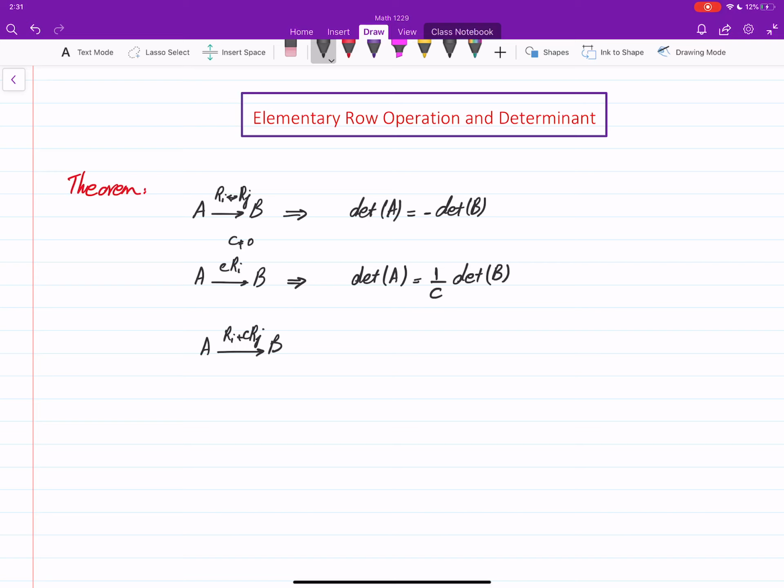Just note that we multiply row i by C. What comes out is determinant of A is equal to 1 over C of determinant of B. And if we add a multiple of a row to another row, it's interesting that the determinant does not change in that case. So these are the three elementary row operations and the way they change the determinant of a matrix.